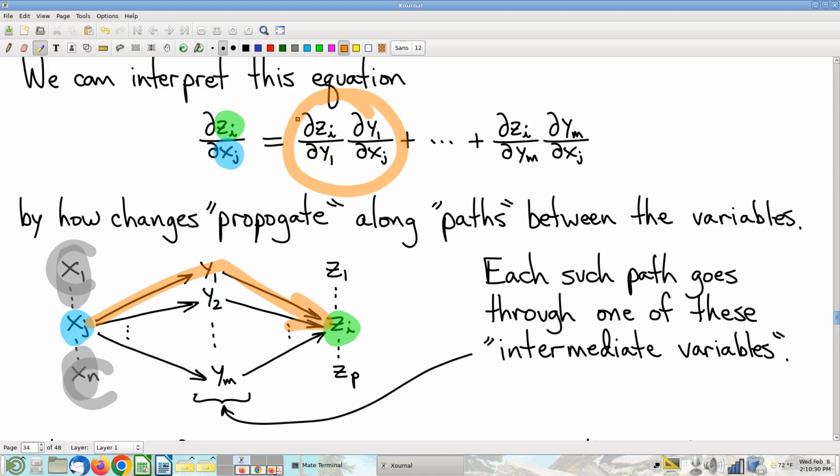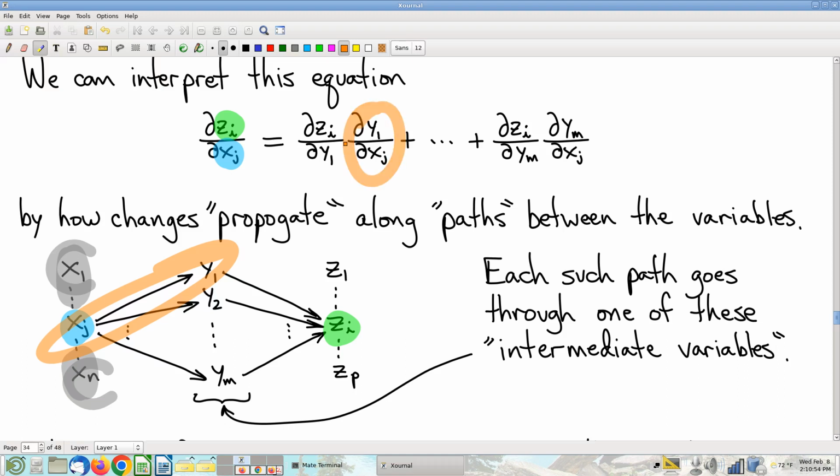Now let's think about what these terms ought to be. What is this term? As I change xj, for example, how much change does that cause in y1? We have a multiplicative factor, the relationship between changes to an input variable and changes to an output variable. That's what a partial derivative is.